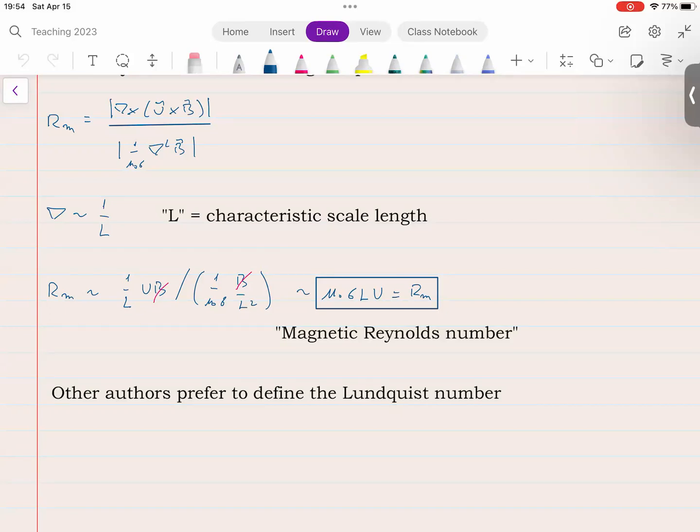Let me put that in writing. This is the inverse of the magnetic Reynolds number.